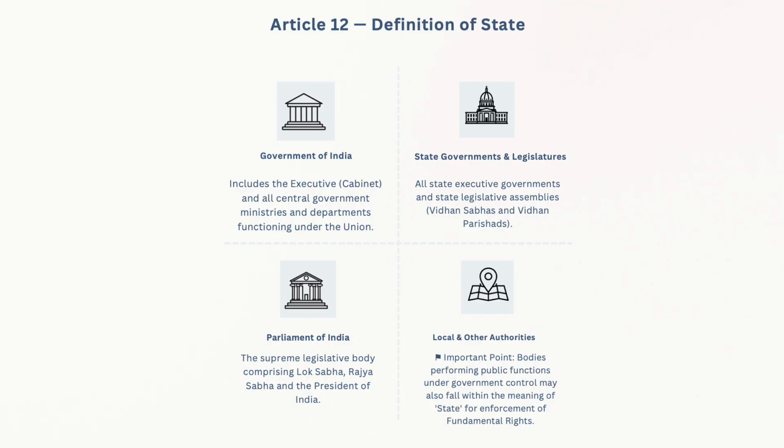Now in Article 12, if you look at the document that I provided to you, the definition of state. In the discussion of fundamental rights, state means the government, the Parliament of India, all local authorities, and other authorities within the territory of India or under the government of India.